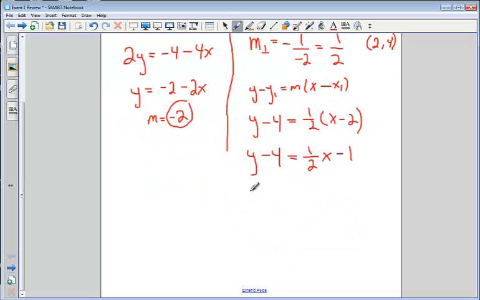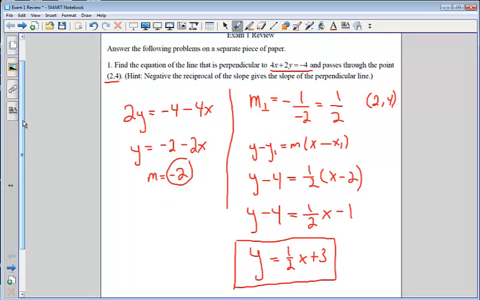And I simply add 4 to both sides, and I get y equals 1/2 x plus 3. And so this is my answer. Now we can see here that the slope is 1/2, which is negative the reciprocal of -2, and if you plug in 2 for x, you do see you get out 4.